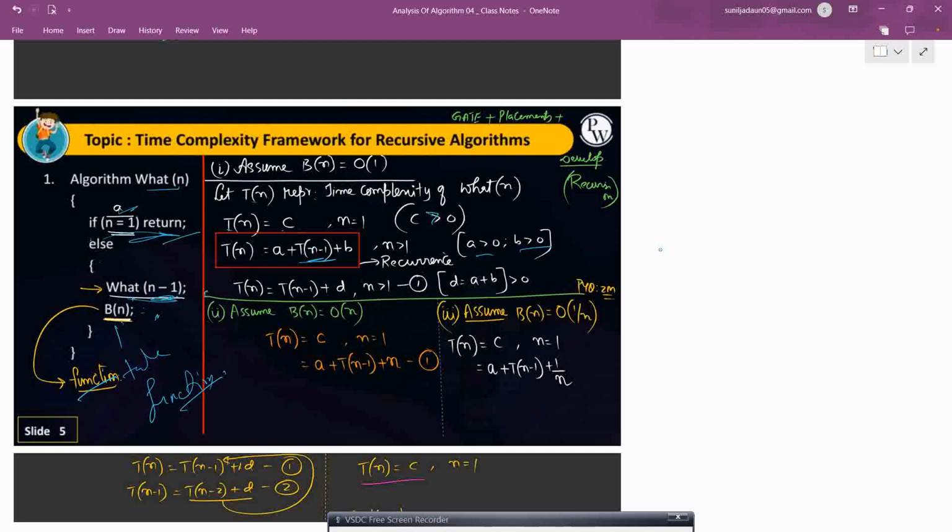So T(n) is equal to A plus T(n minus 1) plus B, and then T(n) is equal to T(n minus 1) plus D, where n is greater than 1, and D is equal to A plus B, which is greater than 0.